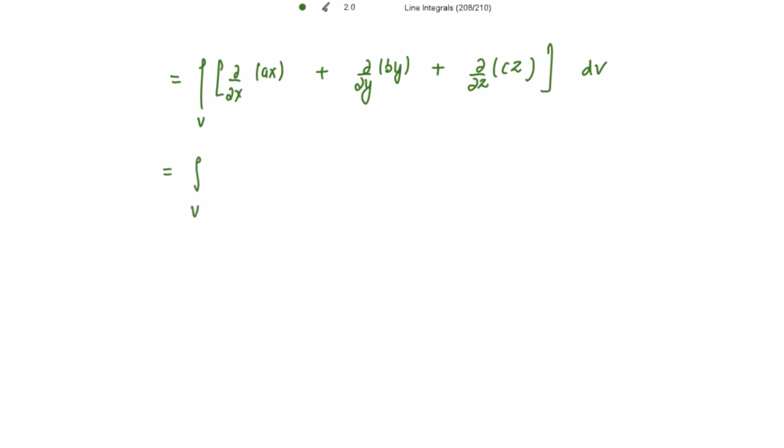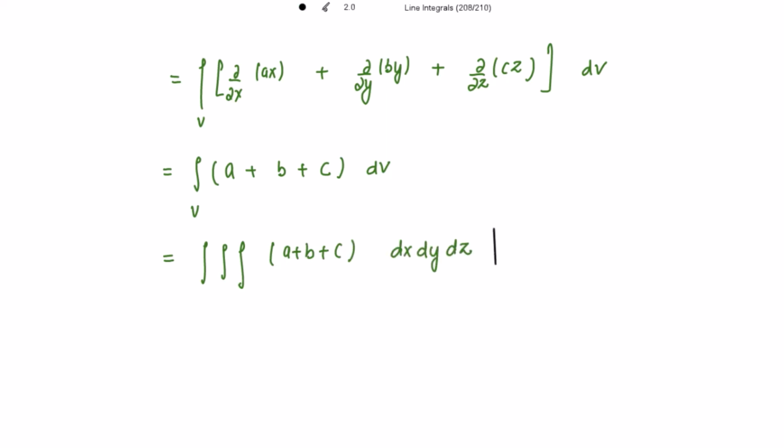So this is the volume integral of, ∂/∂x of ax, that is a, then it is b, then it is c, dV. So this volume integral is the triple integral of a + b + c, and dV is written as dx dy dz, where the surface given to us is the unit sphere.